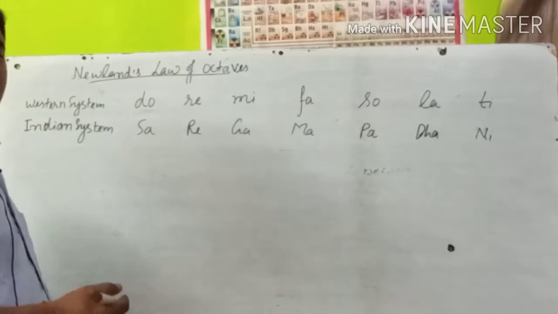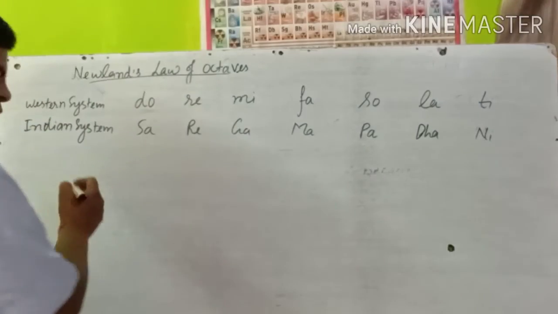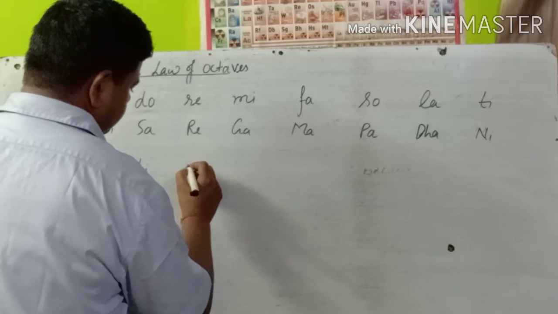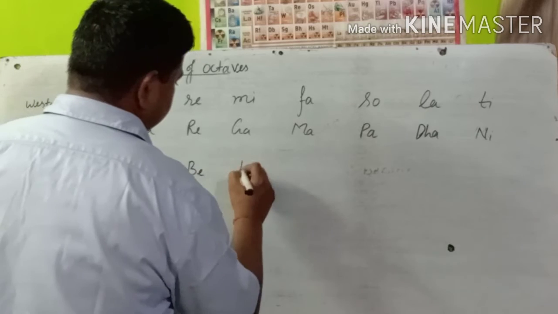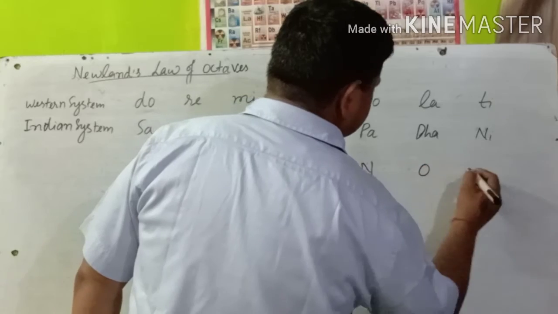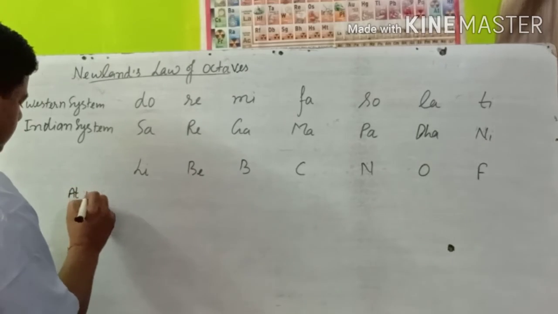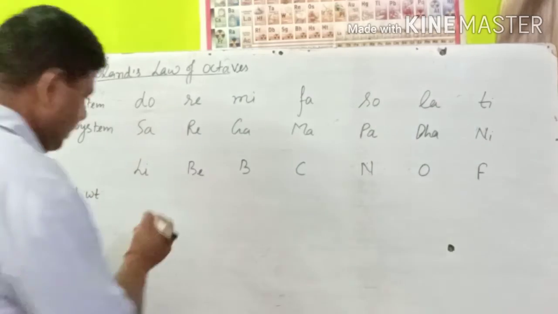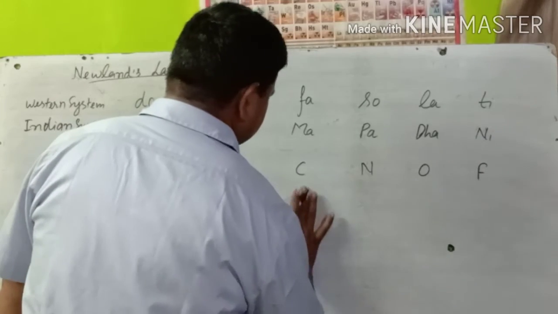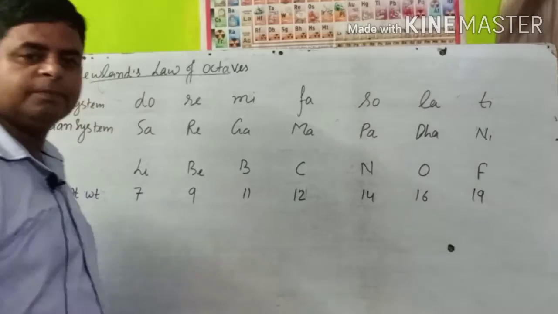So the elements are arranged according to this law as, look here, lithium, beryllium, boron, carbon, nitrogen, oxygen, fluorine, and their atomic weights are 7, 9, 11, 12, 14, 16 and 19.